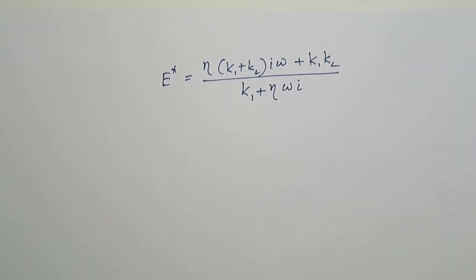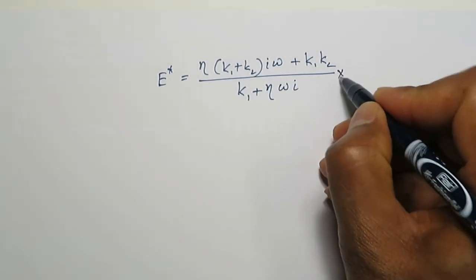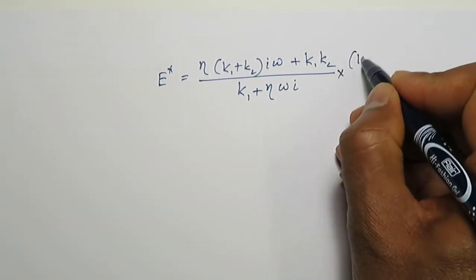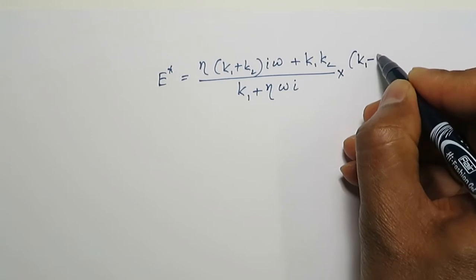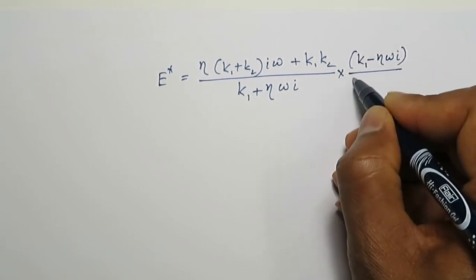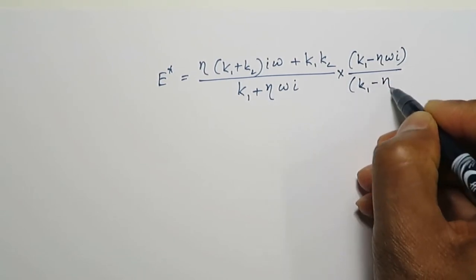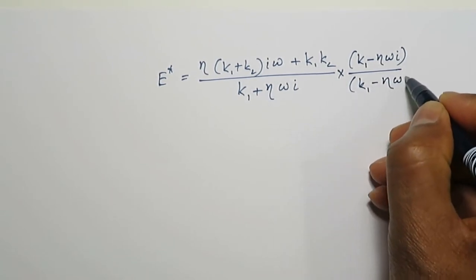Now, as we did in the previous video, we will multiply this by (k1 minus eta omega i) divided by (k1 minus eta omega i).